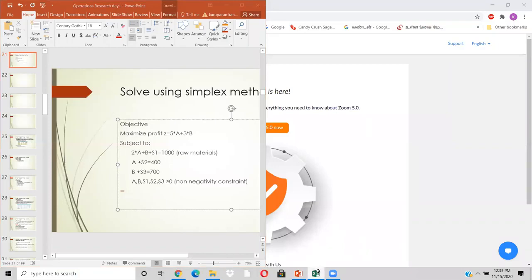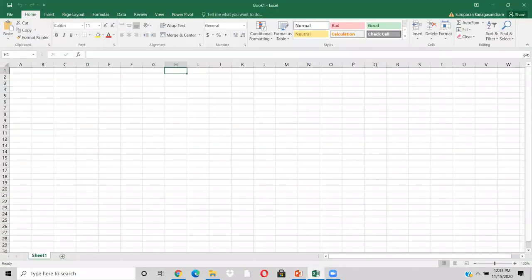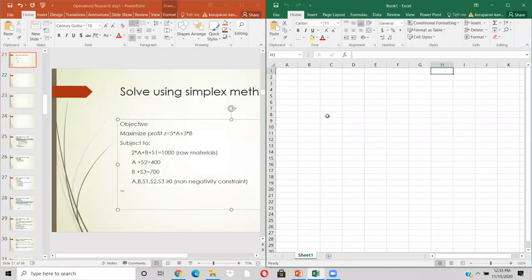How to draw it as a chart, trying to use Excel. First write the variables which are here. A. The next variable is what?